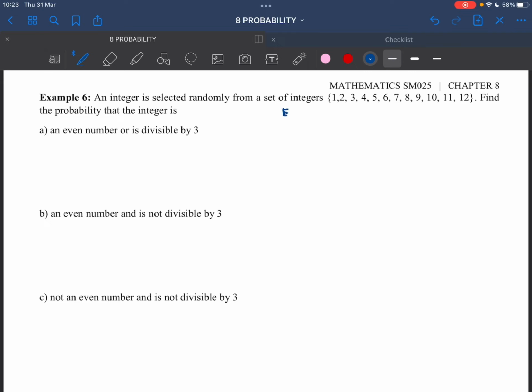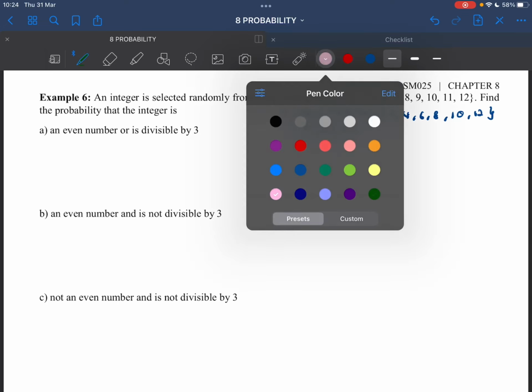So even. Okay, even number. From the outcomes, we have 2, 4, 6, 8, 10, 12, which is 6. Okay, so the number of even numbers is equal to 6. Now let's see the divisible by 3.